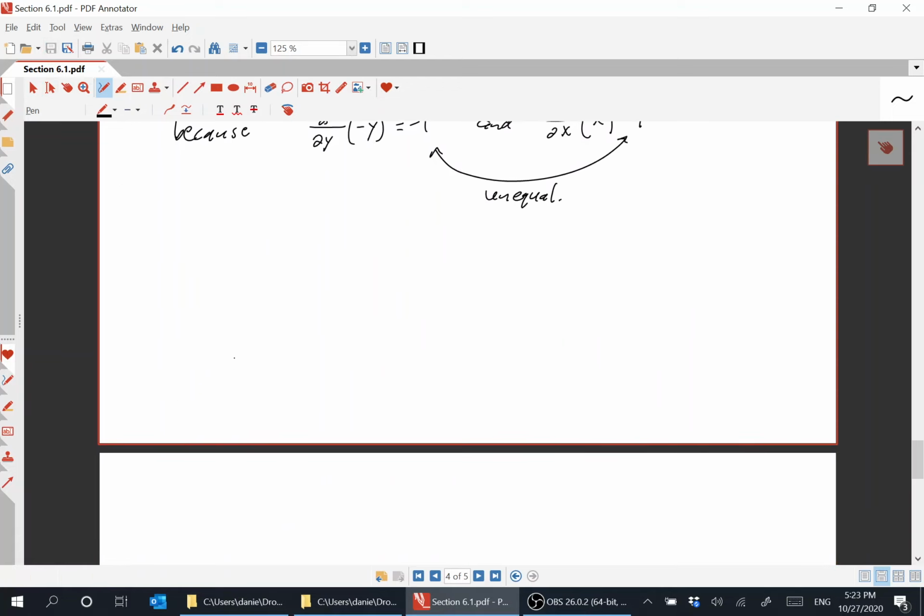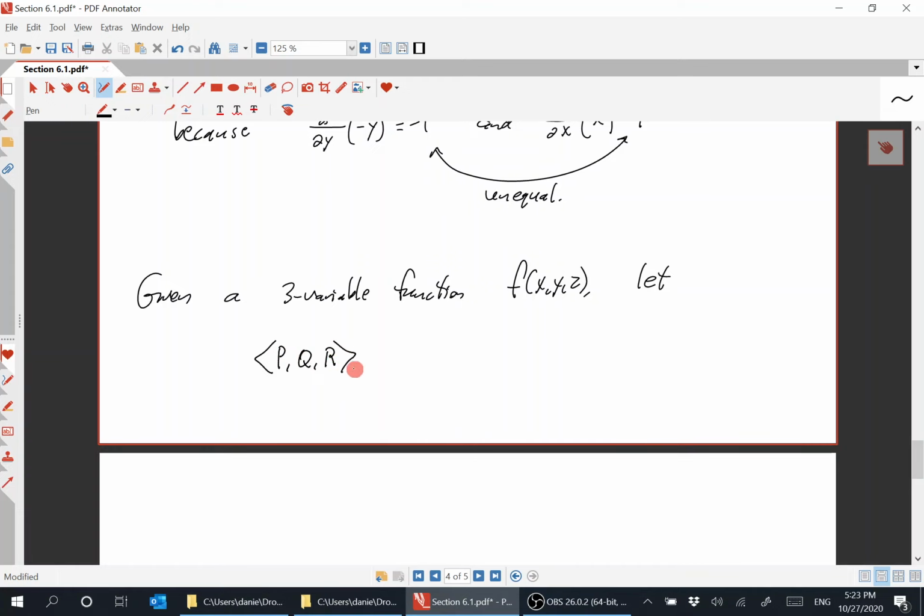For three-dimensional vector functions, f of x, y, z, okay, the gradient, let P, Q, R equal this gradient of f, which is equal to partial f with respect to x, partial f with respect to y, partial f with respect to z.